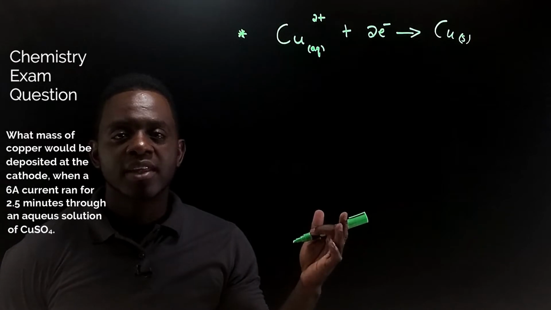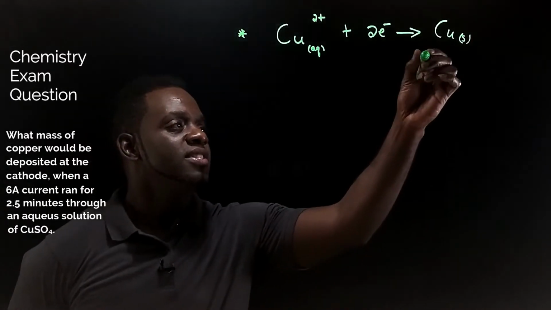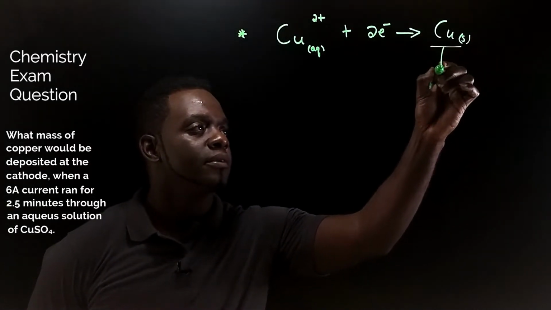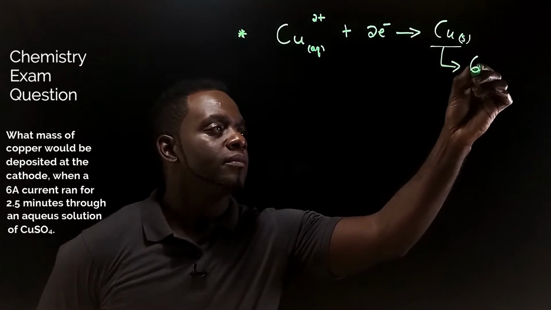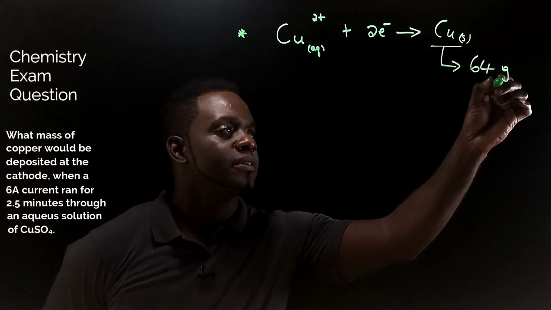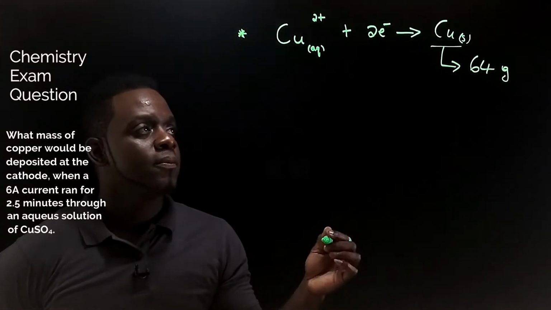Now, using the mass of copper to be 64 grams per mole, right? Or simply grams.